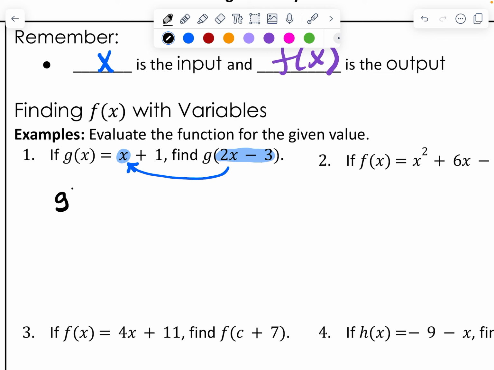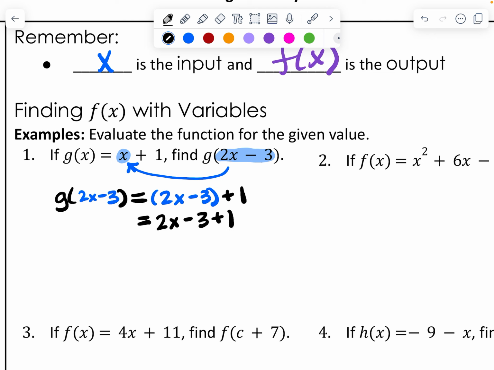So g of 2x minus 3, remember we need to write that that is our input, equals 2x minus 3 plus 1. In this case, we don't really need the parentheses because there's nothing in front of it that we're multiplying by. So let's get rid of the parentheses. 2x minus 3 plus 1.